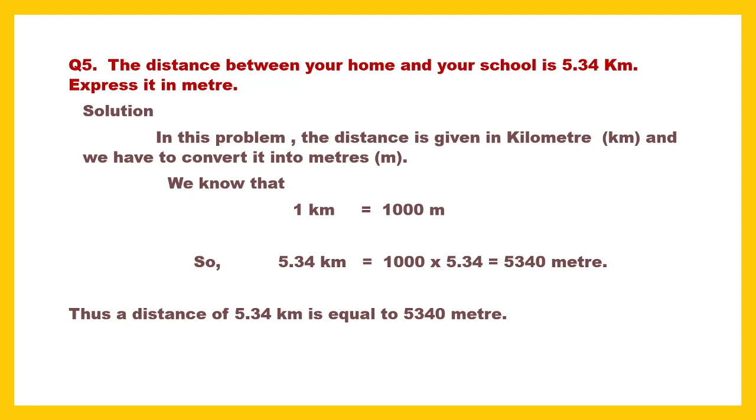By convention we know that 1 kilometer is equal to 1000 meter. So 5.34 kilometer will be equal to 5.34 into 1000, that is 5340 meter. Exactly similar to Radha's problem, but the units are different.